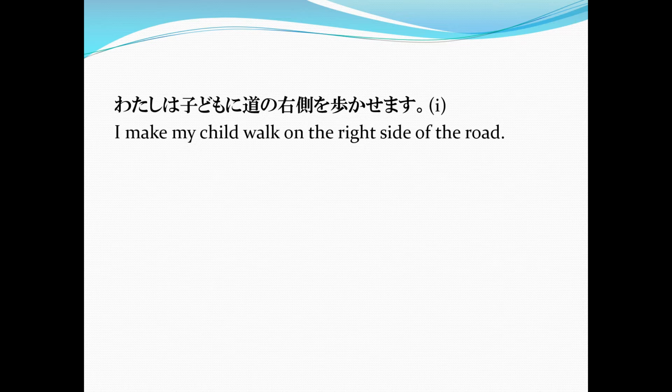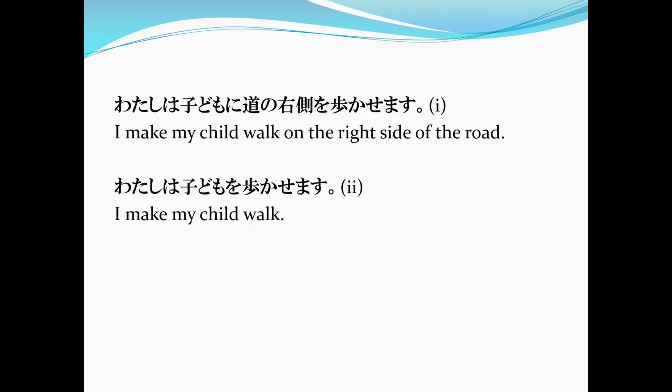But without a phrase with o, the subject of the action is indicated with o, as in this example. Watashi wa kodomo o arukasemasu. Or I make my child walk.